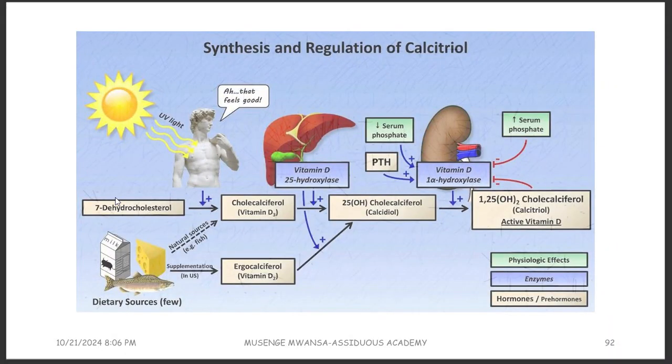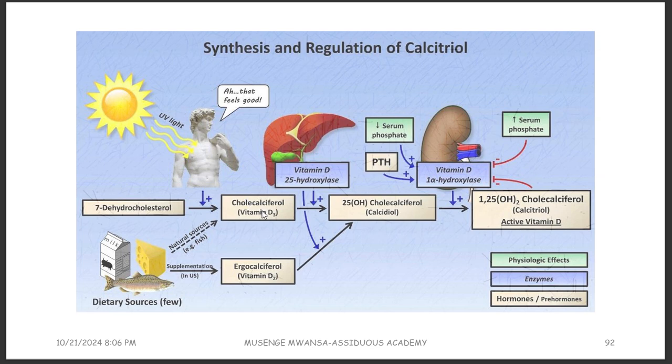So in our body, we have got 7 dihydrocholecalciferol. When we are in the sun, the UV light from the sun is going to convert the 7 dihydrocholecalciferol to cholecalciferol, which is vitamin D3.